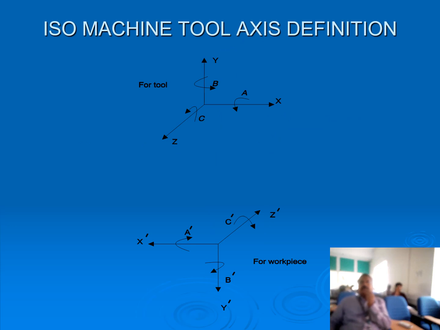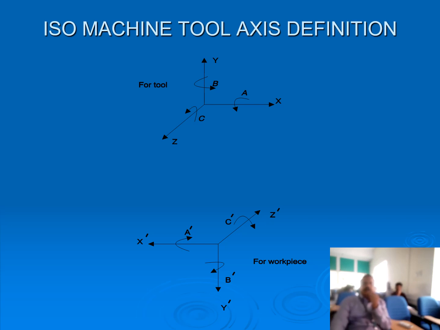ISO machine tool axis definition. As per the ISO standard, the machine tool axes use Cartesian coordinates, with the x-axis, y-axis and z-axis, to divide the 360 degrees. The 360 degrees can be divided into 4 quadrants: 0 to 90, first quadrant; 90 to 180, second quadrant; 180 to 270, third quadrant; and 270 to 360, fourth quadrant.